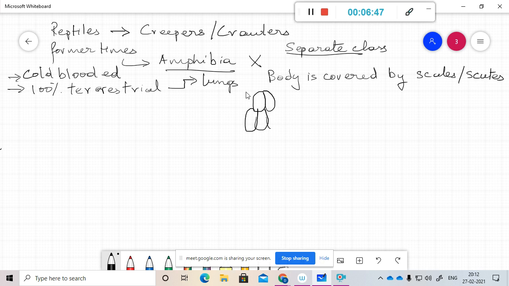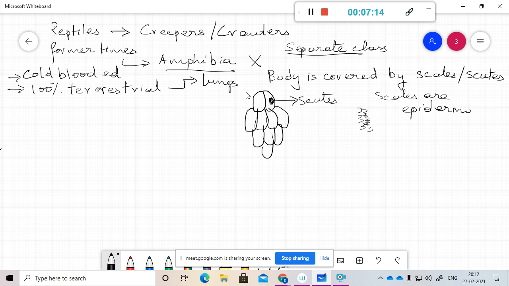You can see they have structures like this on their shells. You can call them protrusions. They are scutes, or they have small dry epidermal scales. Scales are epidermal, that is they can fall off. So the body is covered by scales. This is a very important characteristic.